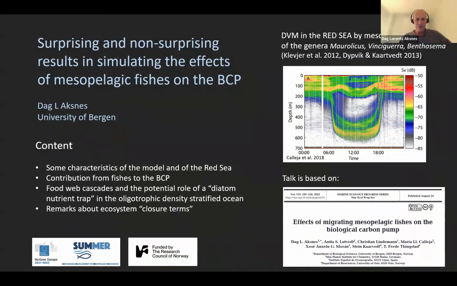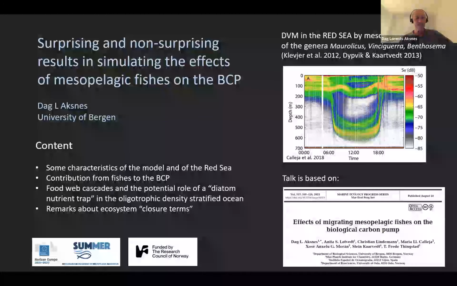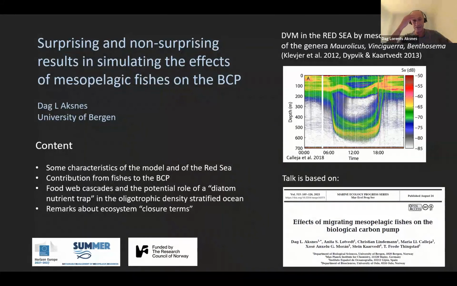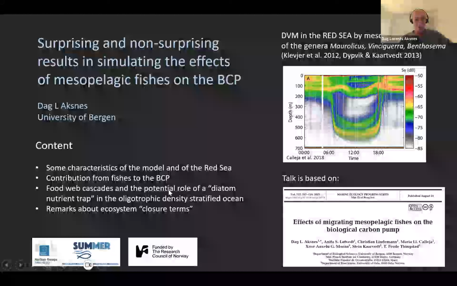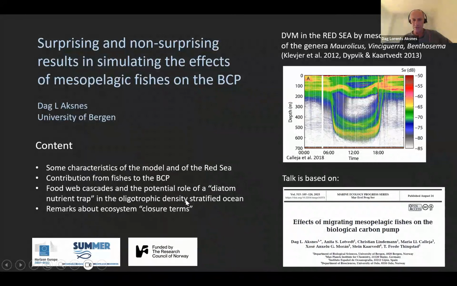And then the more surprising things, which are about a role of diatoms actually connected to the mesopelagic fishes here, and the food web cascades involved in this nutrient trap that we call it. And finally, I will have also some remarks about ecosystem closure terms, which is a very important thing in all kinds of ecosystem models.